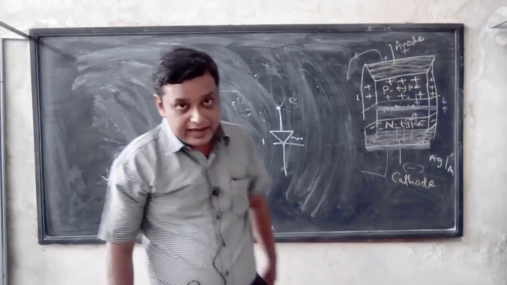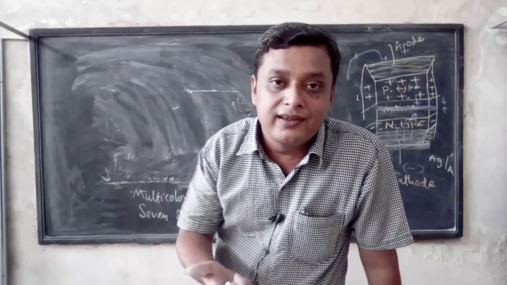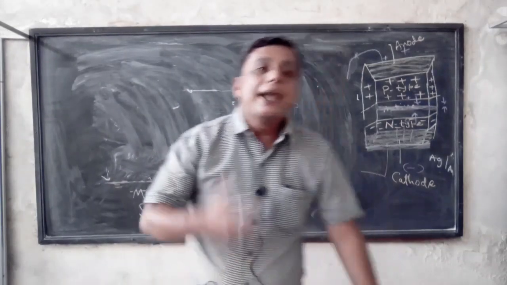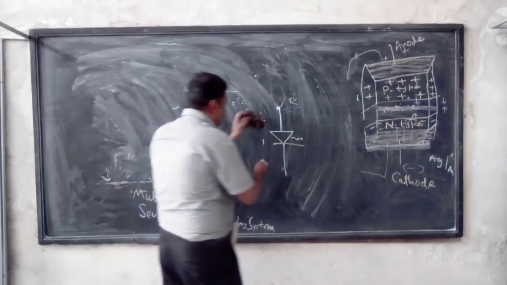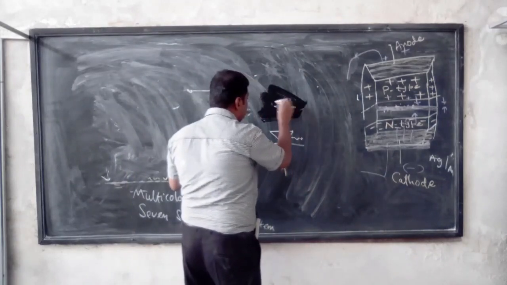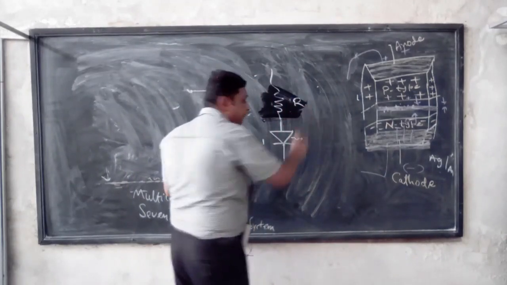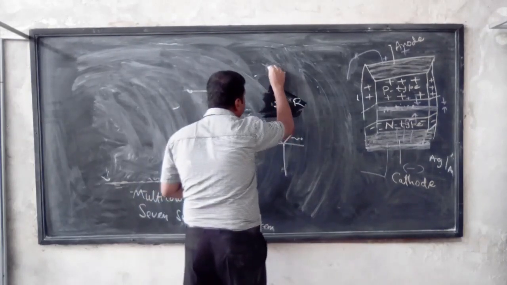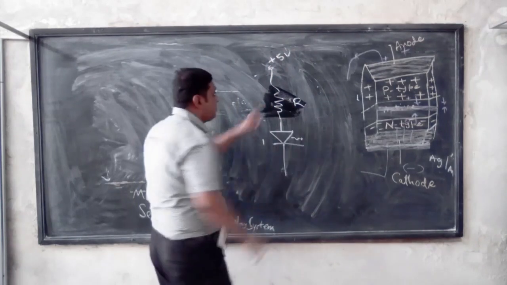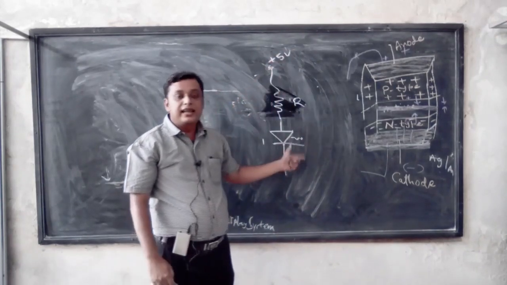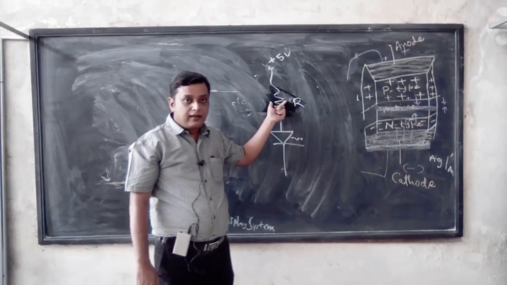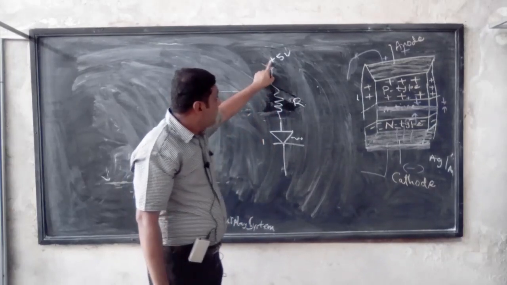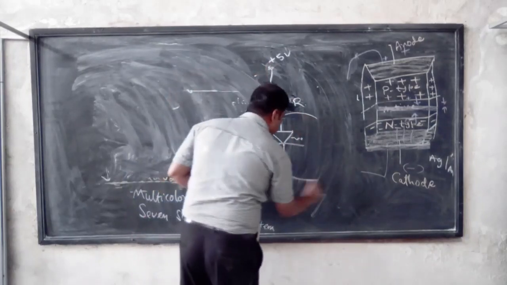We know that in the absence of the resistor, we are not able to apply any voltage and current to the LED. So we should draw a resistor, and this is a plus 5 voltage. Plus 5 voltage is applied to this LED and to this resistor.